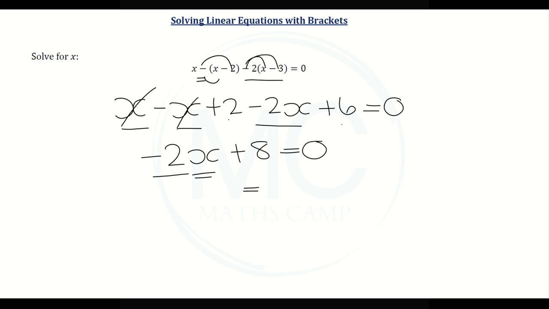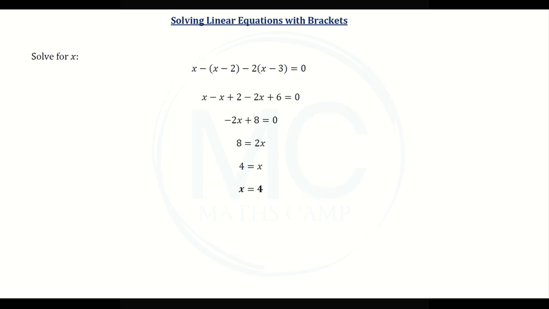So there's our equal sign, and we're now going to have positive 2x. On the left-hand side, we still have our 8. Finally, to get x by itself, divide by 2 on this side and divide by 2 on this side. 8 divided by 2 gives us 4. On the right-hand side, the 2's cancel, and we're left with x.